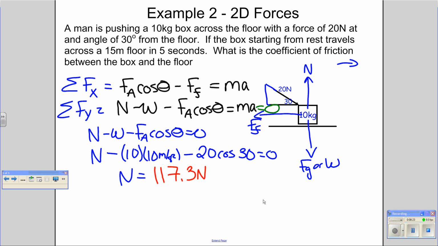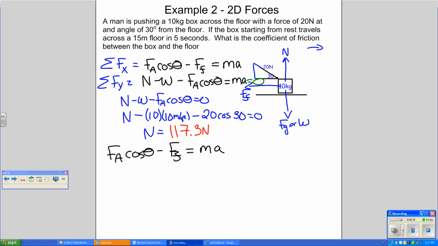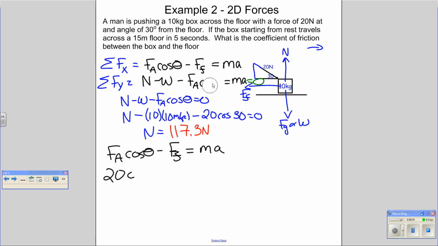Now let's look in our x direction. Fa cosine theta minus force of friction equals mass times acceleration. Fill in what we know. Well, I'm a smart cookie, and you have to not do what I just did. Let's go back up here. You see how for the y direction I have Fa cosine theta? I just realized that should be Fa sine theta.